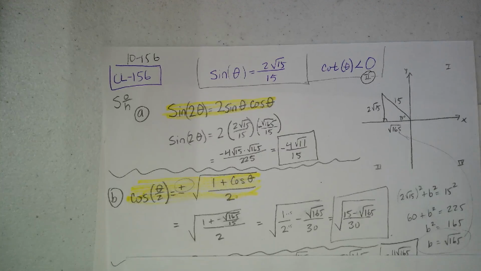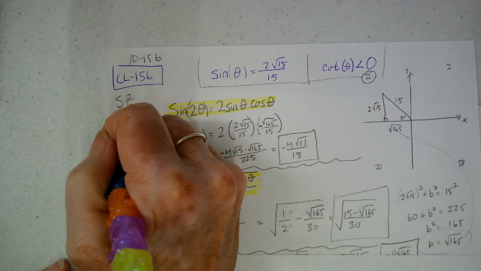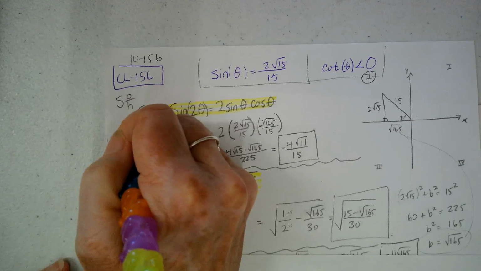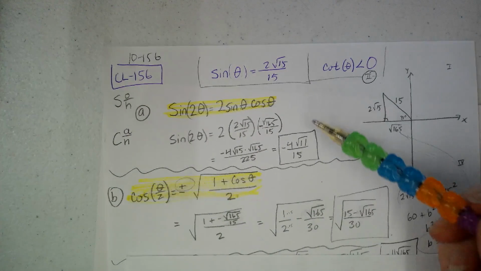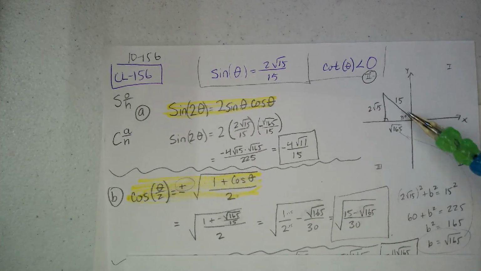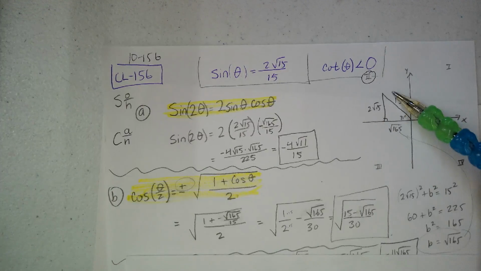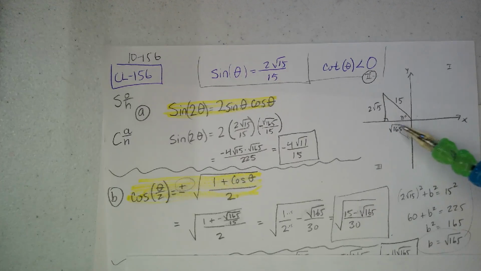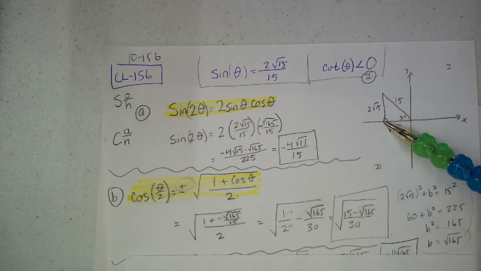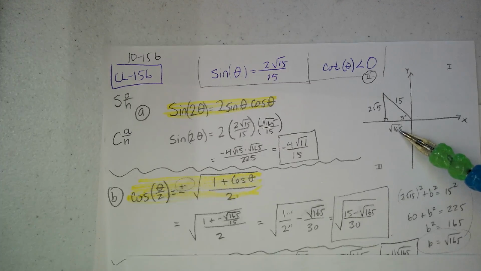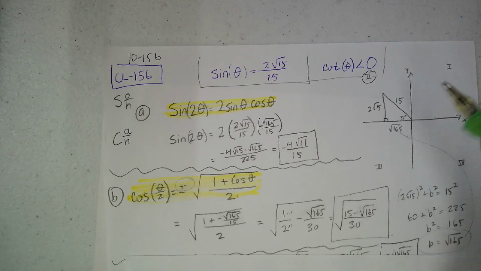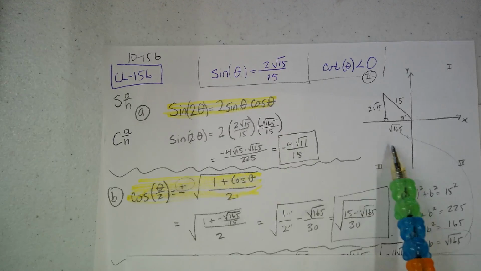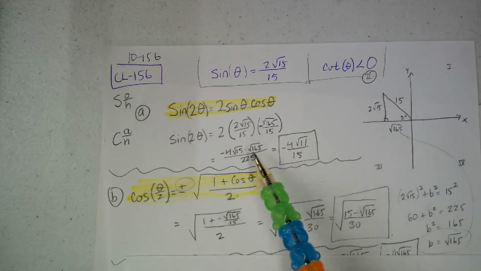So then I know cosine is adjacent over hypotenuse. So for cosine, I grabbed the adjacent, and remember it's negative over here in quadrant 2. So adjacent over hypotenuse, so it's negative root 165 over 15.